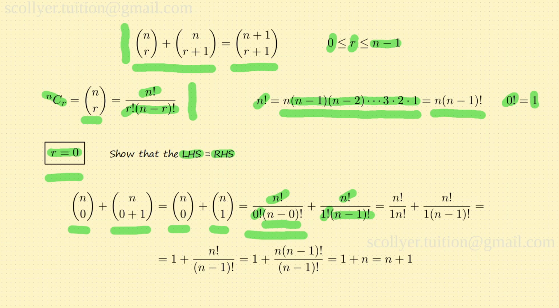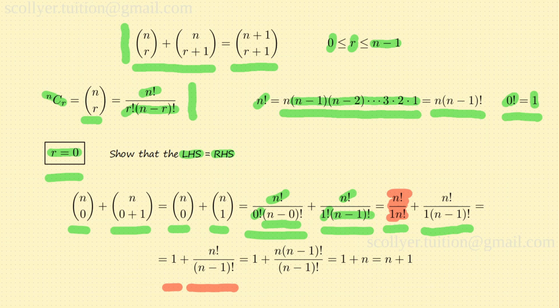This term reduces to n factorial over 1 times n factorial, since 0 factorial equals 1. This term turns into n factorial over 1 times (n minus 1) factorial. Now, all of this simplifies to 1, since the n factorials divide away, and we are left with 1 plus n factorial over (n minus 1) factorial.